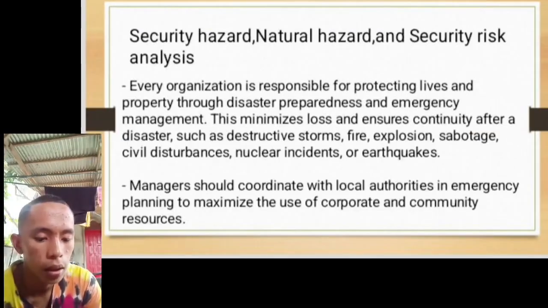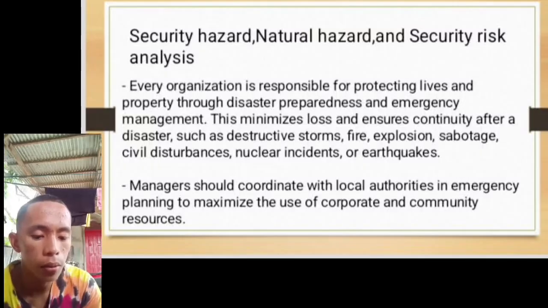Security hazard. Natural hazard security risk analysis. Every organization is responsible for protecting lives and property. Disaster preparedness and emergency management minimize loss and ensure continuity after a disaster such as destructive storms, fire, explosion, sabotage, civil disturbance, nuclear incident, or earthquakes.